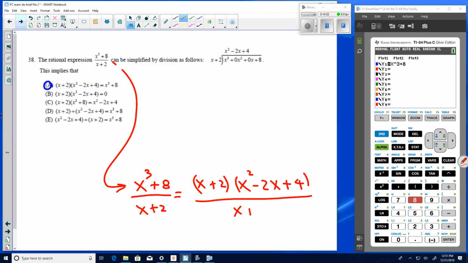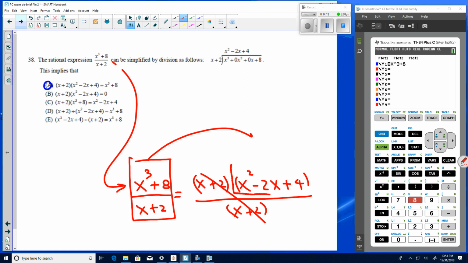And then you can cancel the common factors, which says that this rational function will have the same graph as this parabola, except for the one point that we canceled out. So this is the same, x not equal to -2. And we'll see that in a subsequent problem.